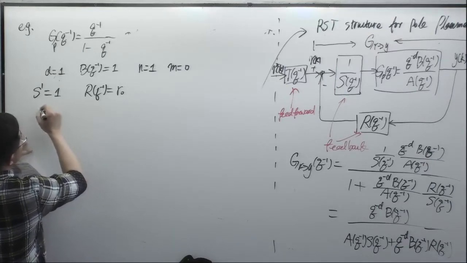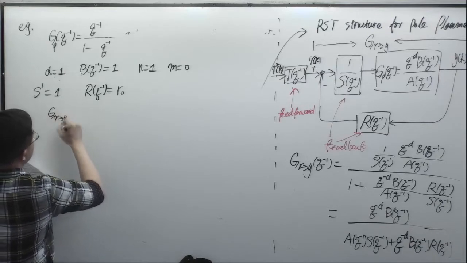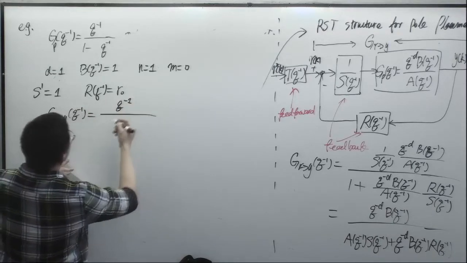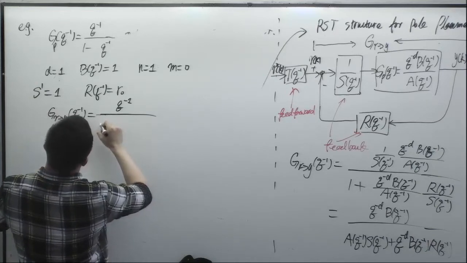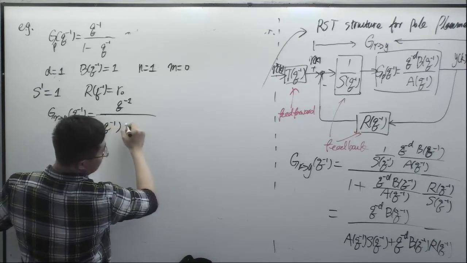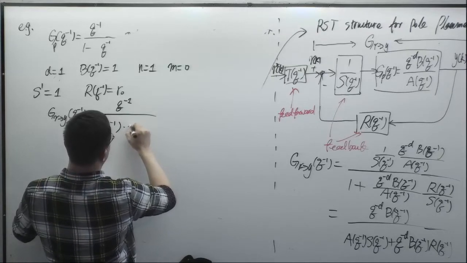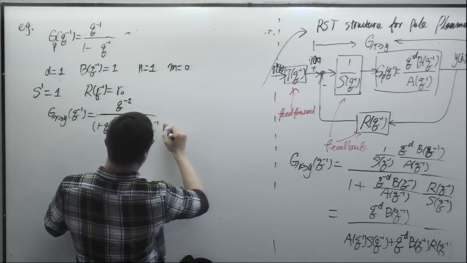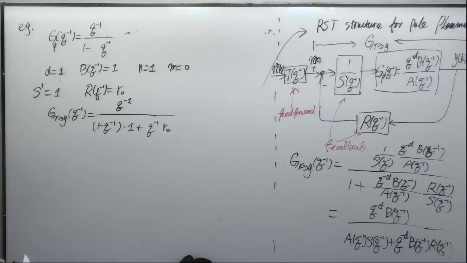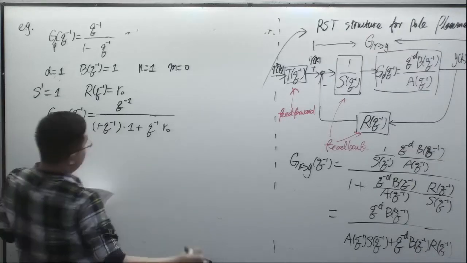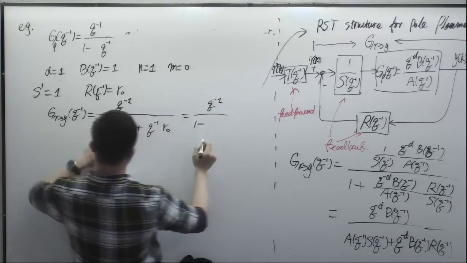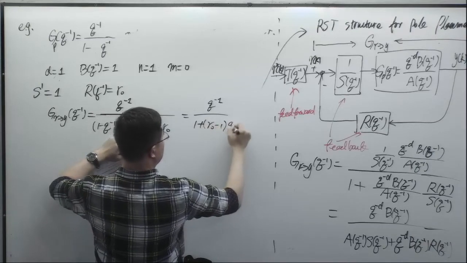And then the closed loop transfer function GR to Y is Q negative D, I'm going to write AQ S prime plus R. All right, so this is the transfer function from R to Y, and it equals 1 plus R0 minus 1 Q inverse.